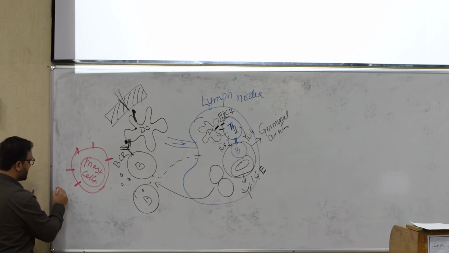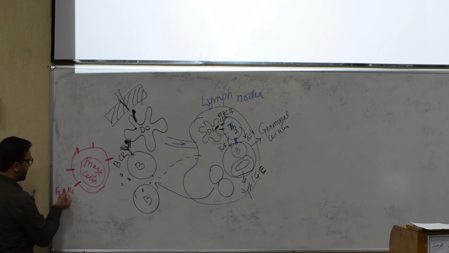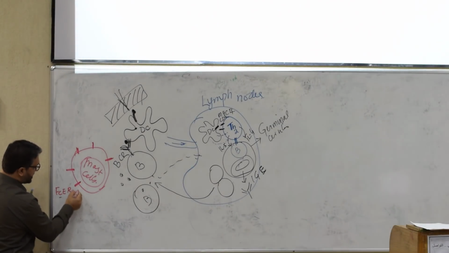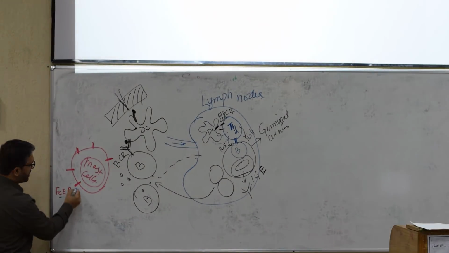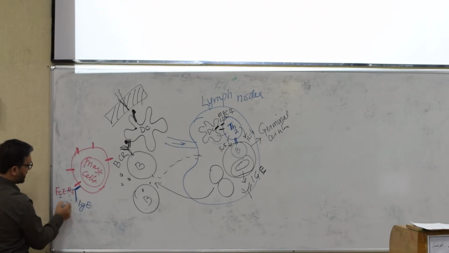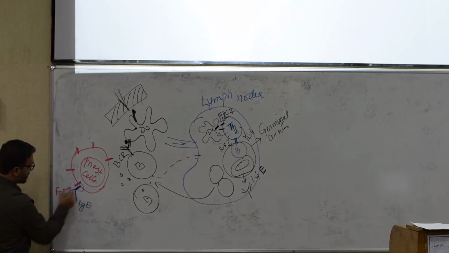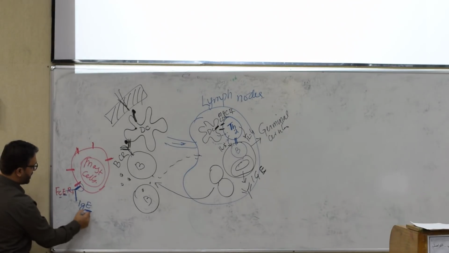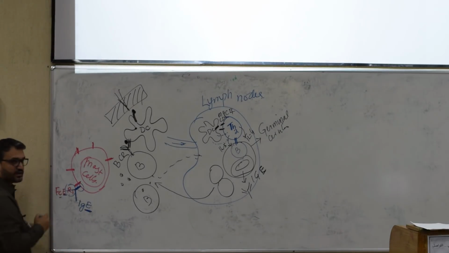These are termed Fc epsilon R1. It's very simple. You can see here that the immunoglobulin that is bound here has got an Fc portion. This is the Fc portion. This immunoglobulin is IgE. So Fc is for this Fc portion, E is for immunoglobulin E, R is for receptor.